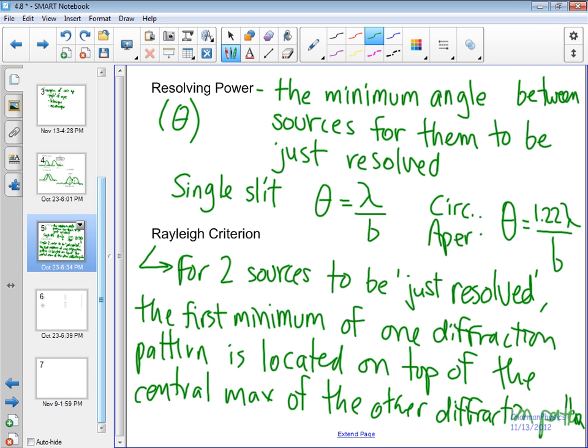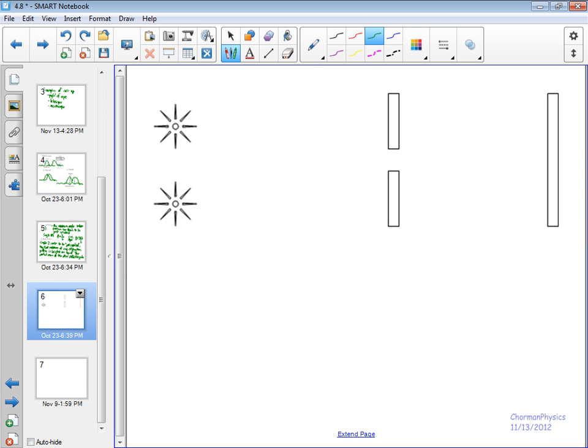What this is telling us is that in that experiment we did in the hallway, where you're looking at those two little patterns of horizontal white and black lines, you're just going to be able to tell their separation when the maximum of one lines up with the minimum of the other inside your eyes when you're looking at it.